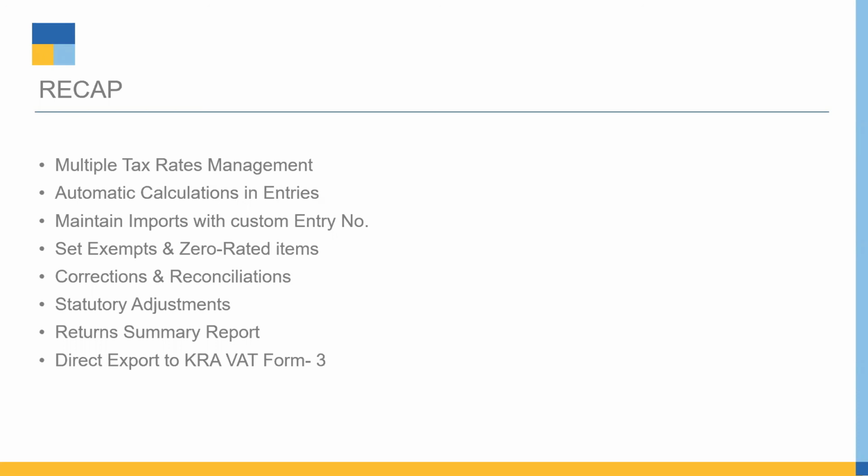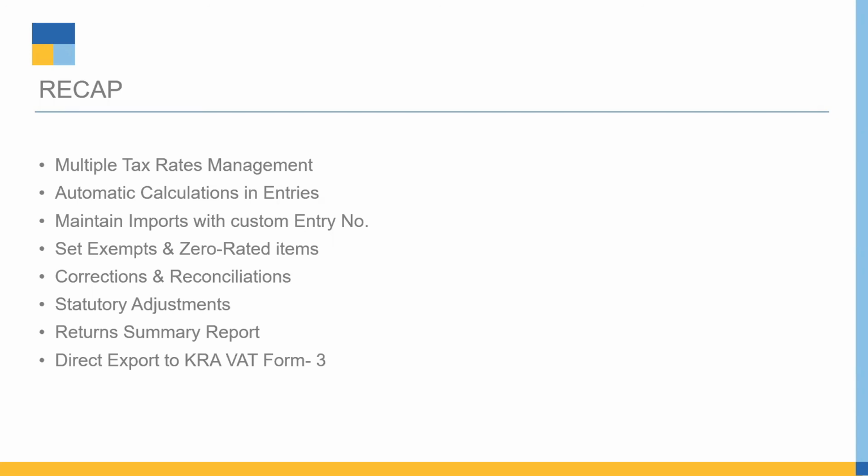If you have customers that are withholding agents, you're able to capture that automatically in Tally. And when you go to the VAT Form 3, it will be able to reduce. And when you export it to VAT Form 3, on the VAT due page, your withholding tax will be captured there as well.